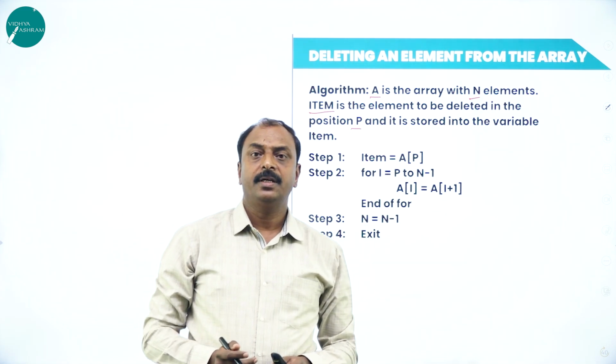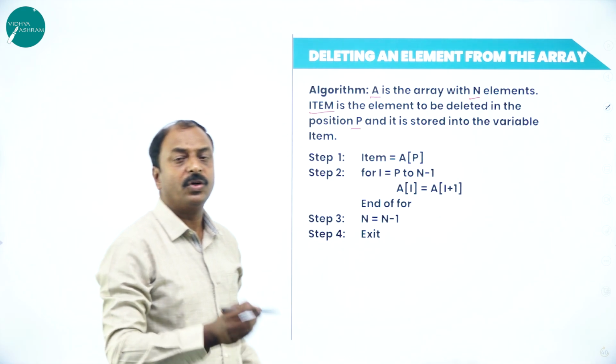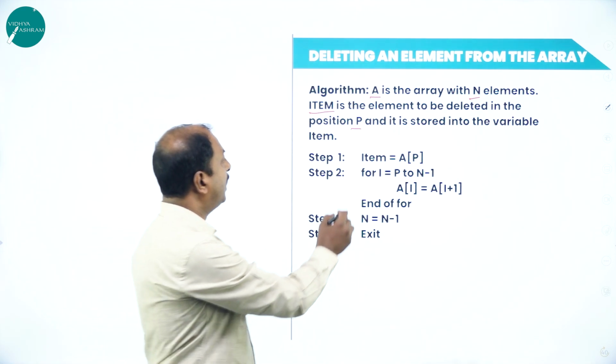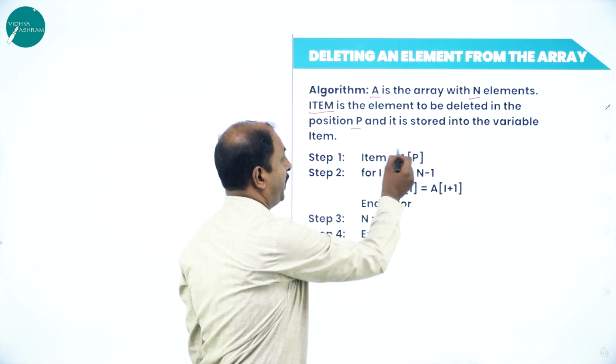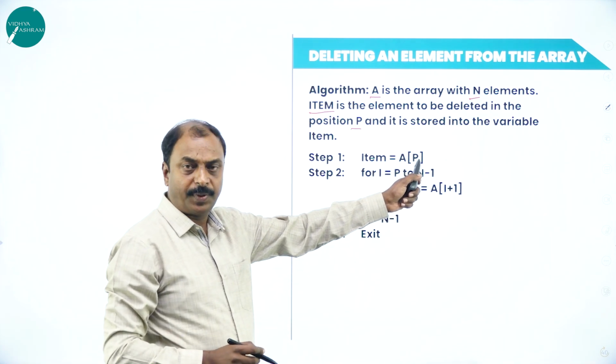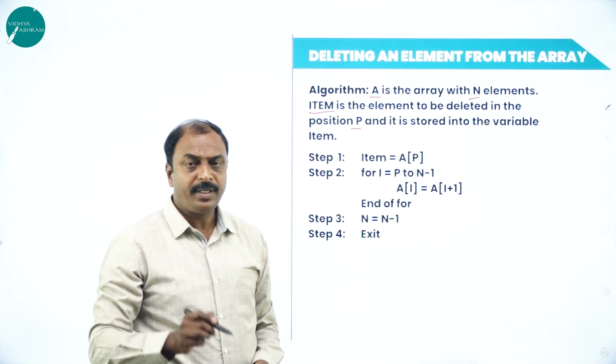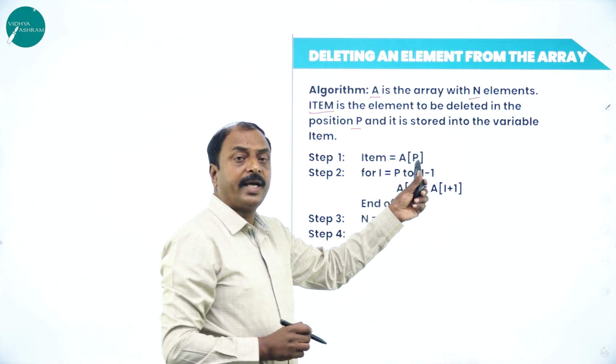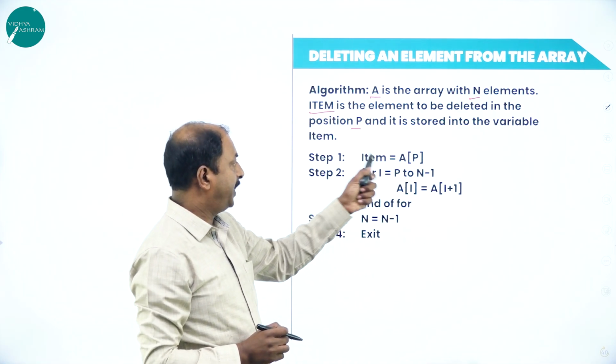The element to be deleted, we first store in the variable item. Suppose at the point P we have to delete the element; that element has to be assigned to the variable item.